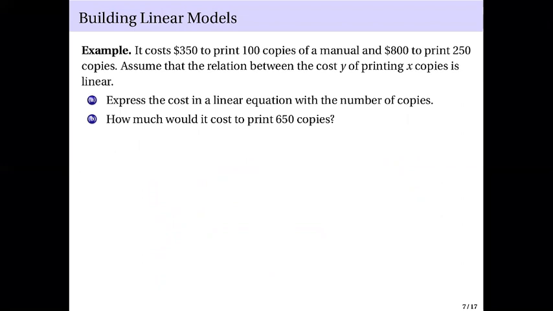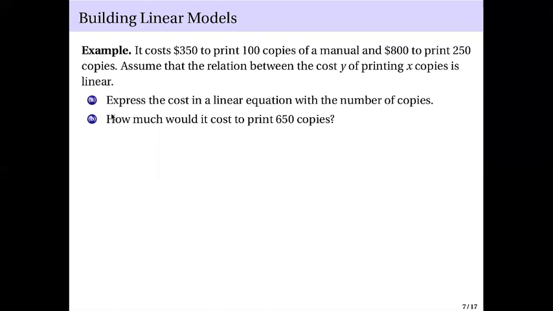So in this case, what we're going to do is to build linear models based on the information that we have in the problem. For example, it costs $350 to print 100 copies of a manual and $800 to print 250 copies of the same manual. So assume that the relation between the cost y of printing x copies is linear.